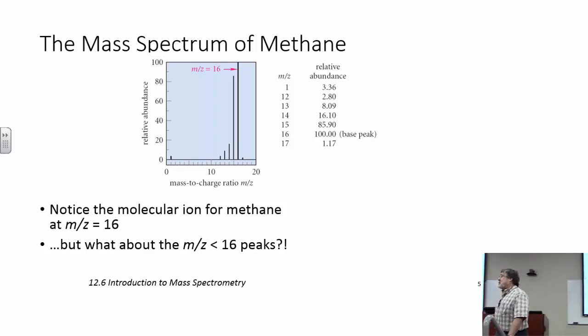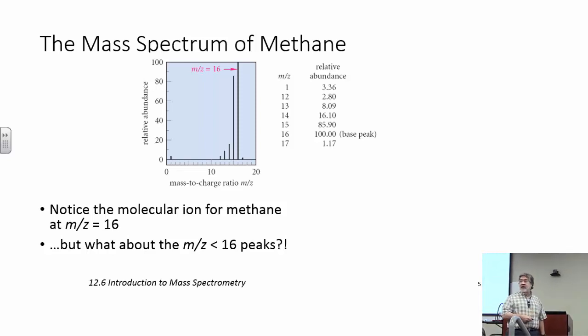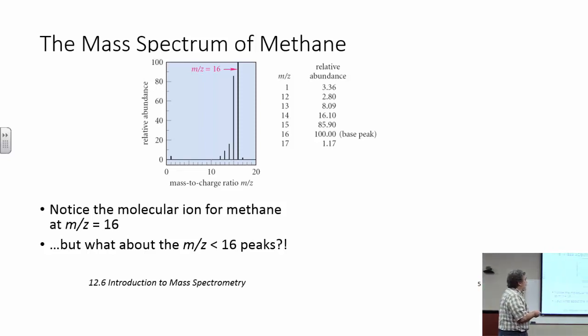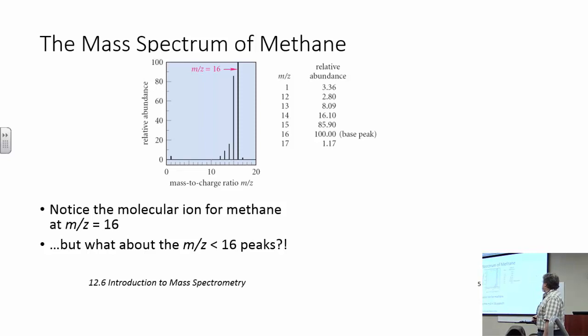So losing a hydrogen atom is a relatively easy thing to do for the methane molecule. 14 would come from losing 2 hydrogen atoms. 13 comes from losing 3. 12 would be losing all of them, right? That's just the carbon. But notice how small these numbers are now. They are not so easy to do. Okay? Questions or anything like that?